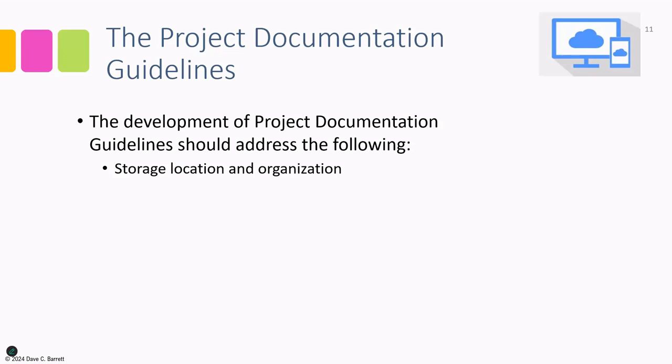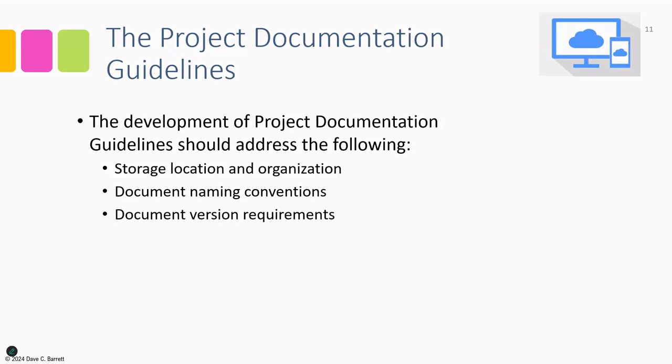There should be some central location of storage that everyone who needs access can reach, and it should be appropriately organized. Documents, particularly electronic documents, should have naming conventions so that we can see what's inside of them based on the name of the file. And certain documents require specific versions, like the project charter or the project scope statement, which may need different explicit versions.